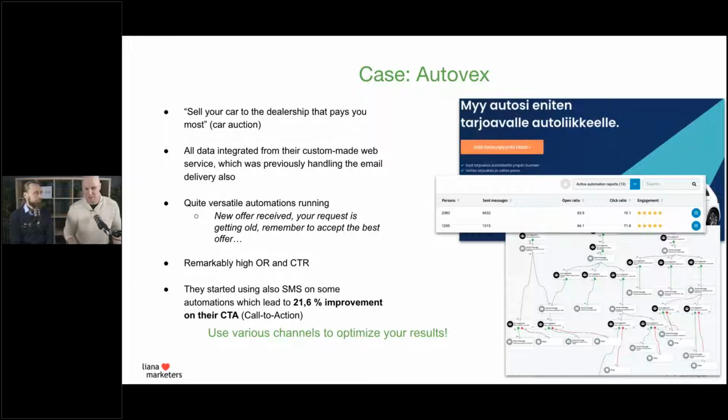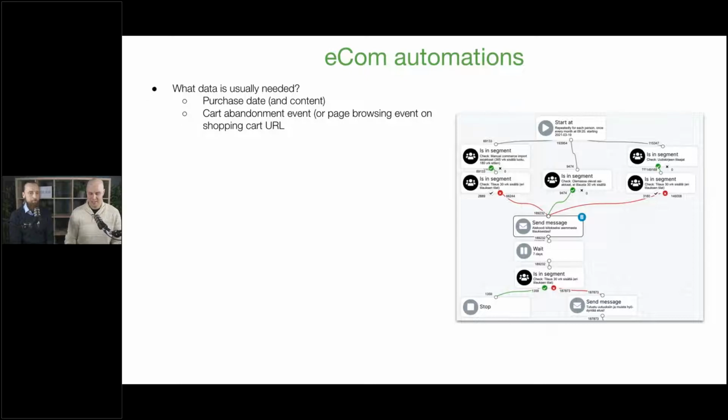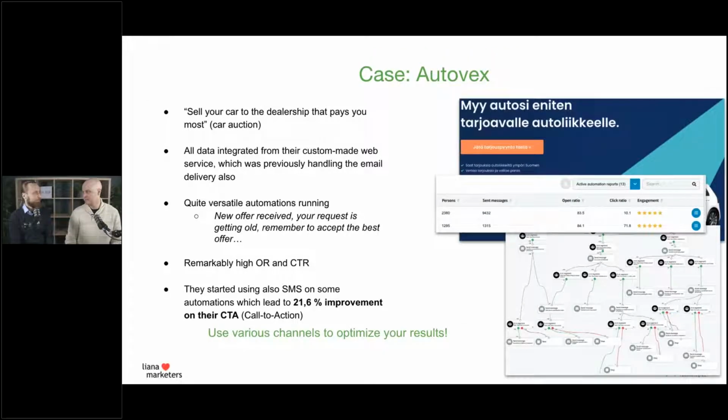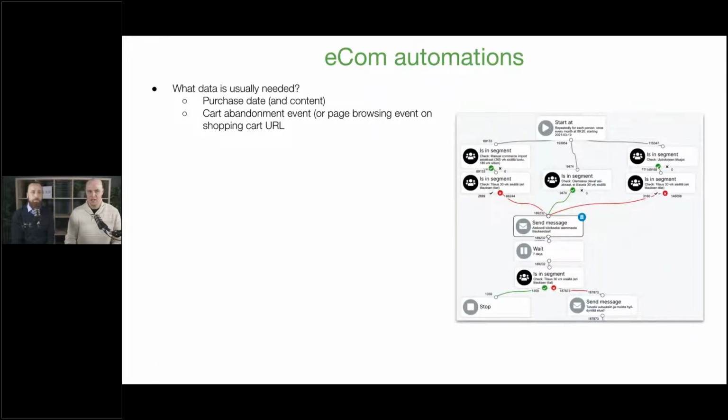So obviously this is very personal for those who are trying to sell their car over here, or not just trying but selling their cars. And you get better value by having those offers from different dealerships. That's true. Let's move on to the e-commerce side and e-commerce automations.